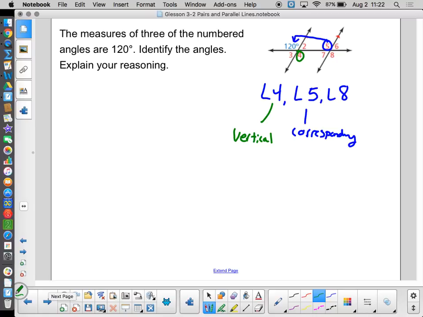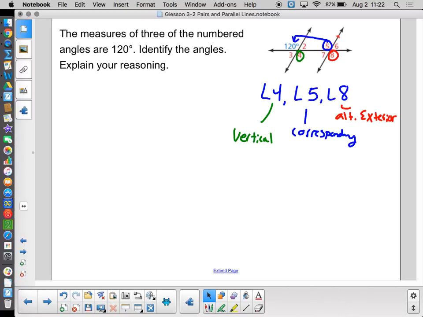And angle 8 over here has to be congruent to 120 because they are alternate exterior. So we can explain it using our theorems. But again, if all we're asking is which ones, it should be fairly obvious as to what's going on.